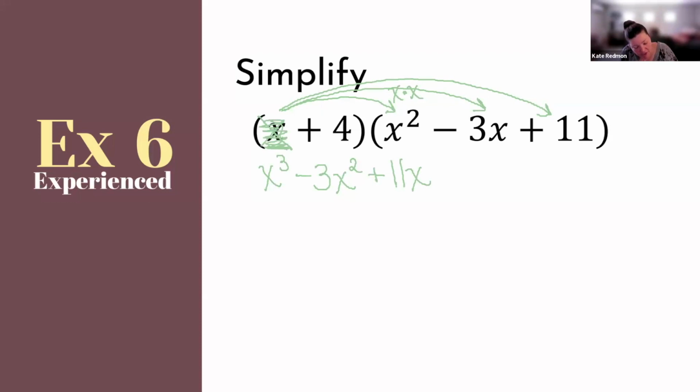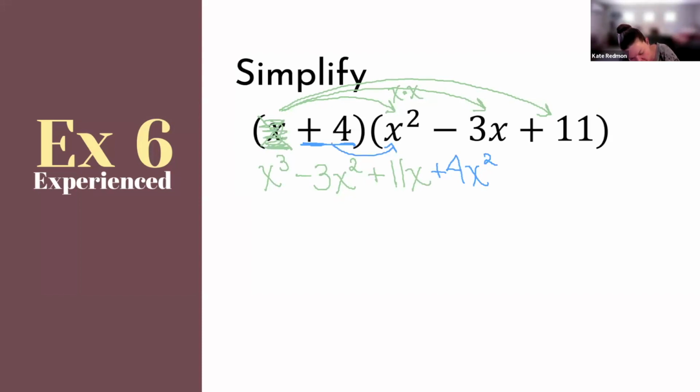He's done, but I need to still multiply that positive 4. 4 times every term in the second grouping. So let's start with the first term. Positive 4 times x squared is, well, it's 4x squared. Now I'm going to multiply that positive 4 times the next term.